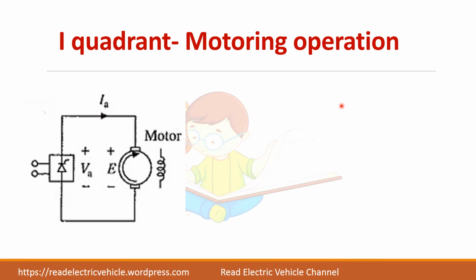This single phase fully controlled rectifier operates in two quadrants, first quadrant and fourth quadrant. In the first quadrant you are getting motoring operation. This is the converter which gives an output of plus Va, and current is always positive Ia, and this is the motor back EMF E, and speed is in this direction.